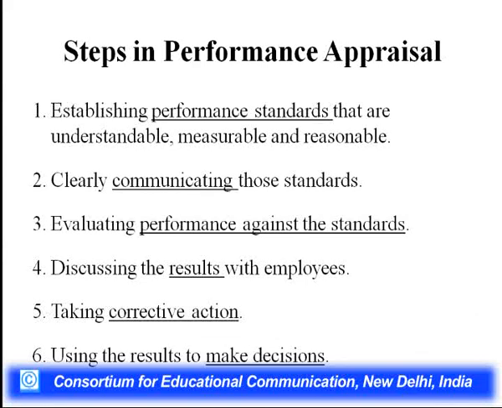Another is clearly communicating those standards to the employee for whom the appraisal is to be done. Third is evaluating performance against the standard, which is basically the comparison of the established standards and the actual performance of the employees.